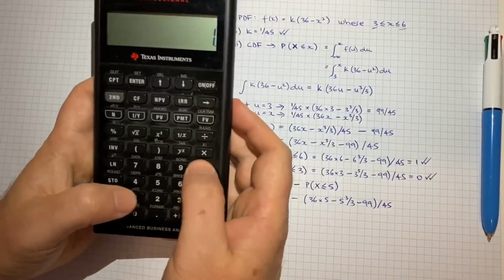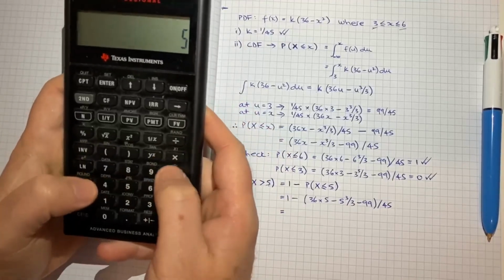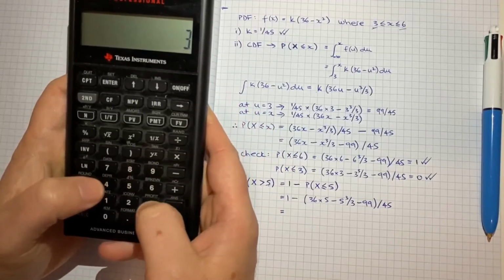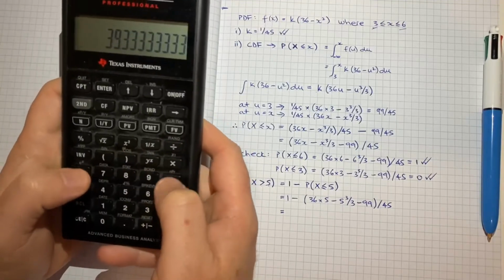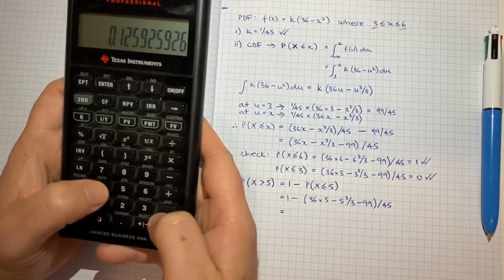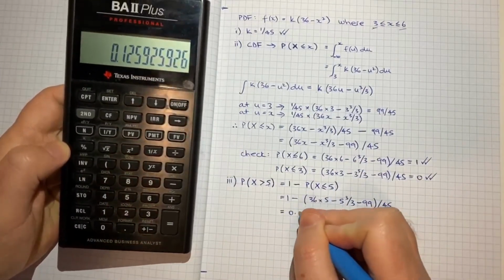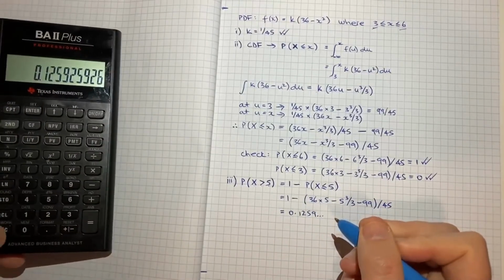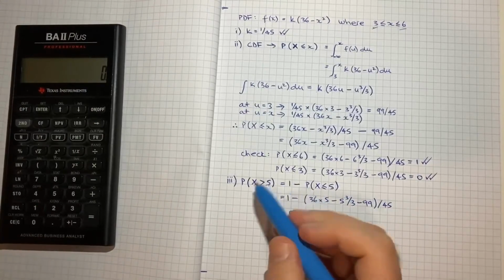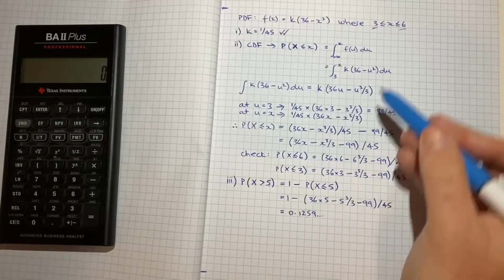So go 1 minus bracket 36 times 5 minus 5 to the power of 3 divided by 3 minus 99 bracket divided by 45. And we get 0.1259 and so on. So that there is the probability that the life of the termite is greater than 5 weeks. So there you have that question.